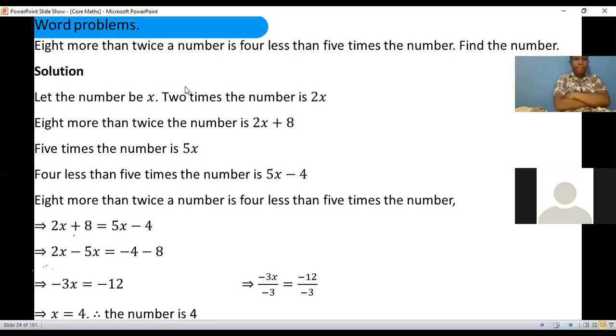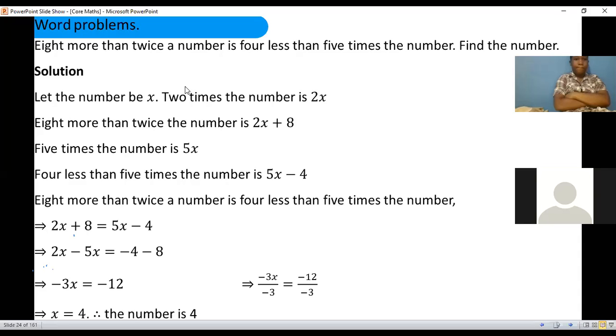To proceed, we must first of all form the mathematical statement for 8 more than twice a number. So 8 more than twice the number is twice the number plus 8. So that's going to give us 2x plus 8.